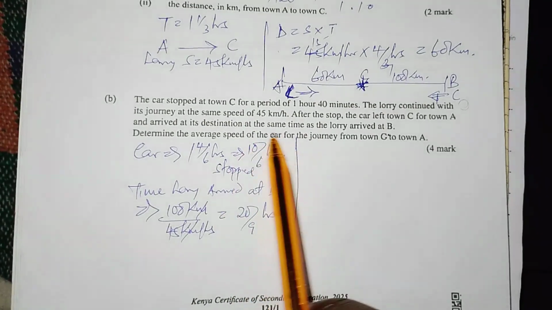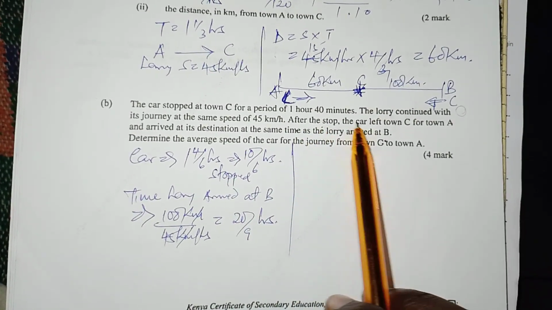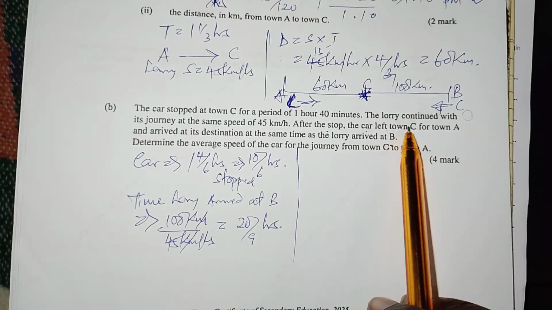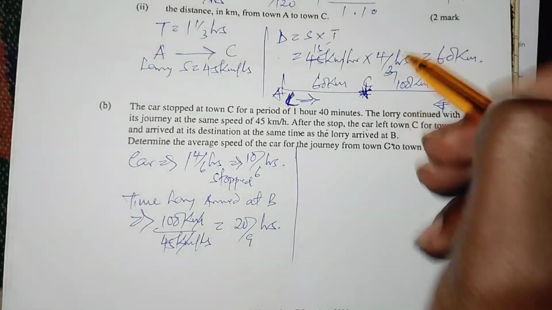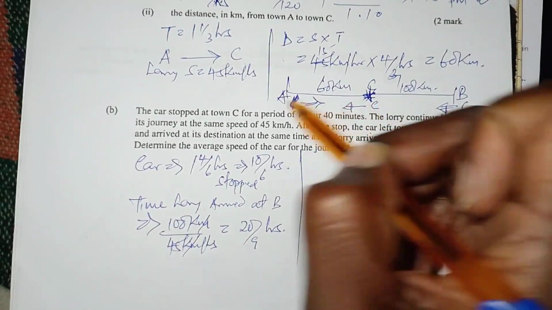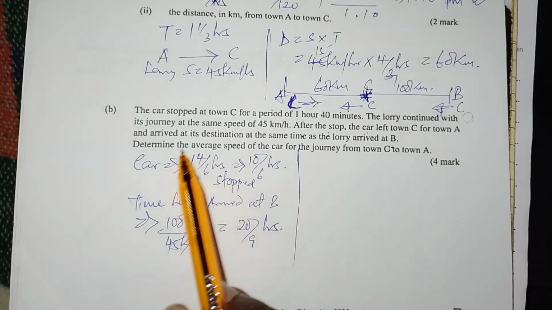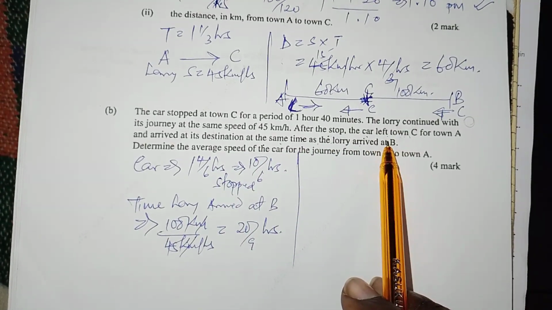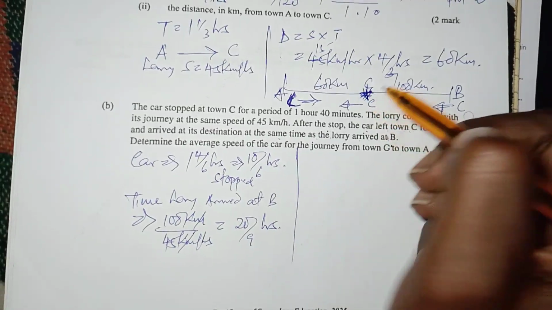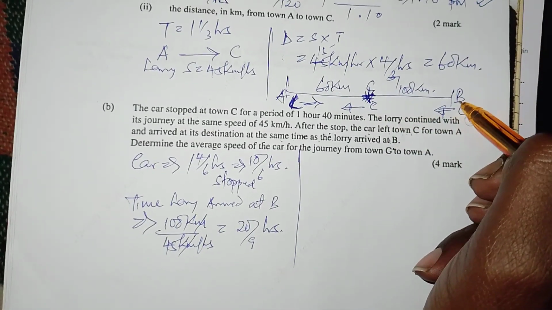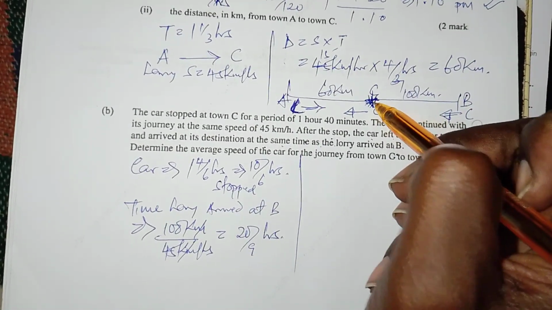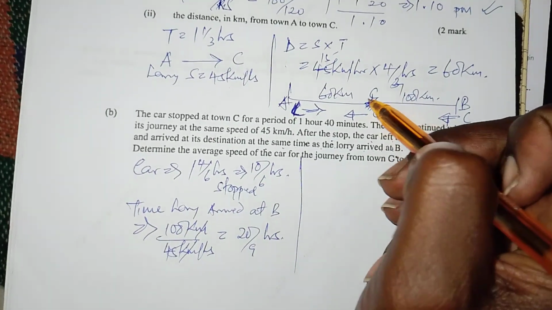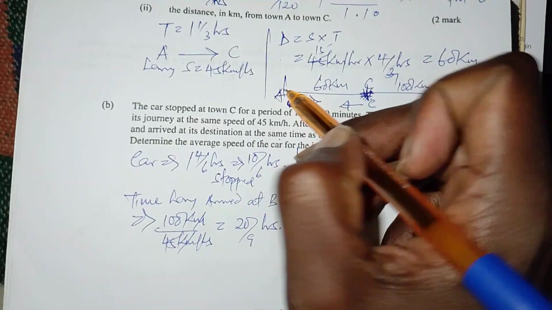So they're saying that after the stop, the car left town C for town A and arrived at its destination at the same time as the lorry arrived at B. So it means the time it took the lorry from here to here is the same time that the car stopped, and also the time that it took to travel up to this point.